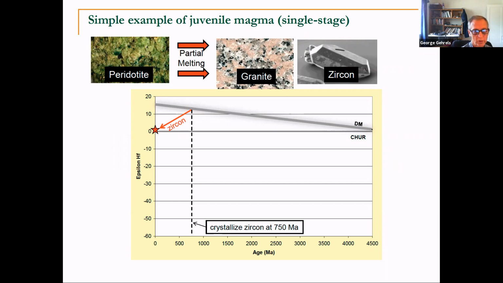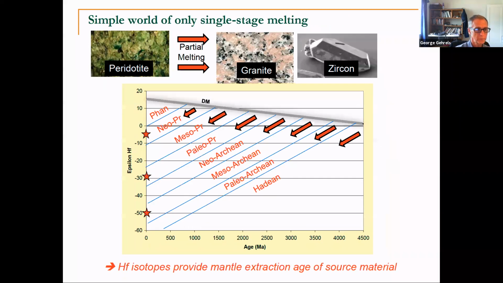So to do this, we need to measure the hafnium isotopes to get the epsilon value, but we also need to know the uranium-lead age, and that's why these two systems work so closely together. You have to do uranium-lead to get the age, and then hafnium isotopes to know whether you're mantle-like or crust-like. Okay, so that's pretty simple. Go to the next one.